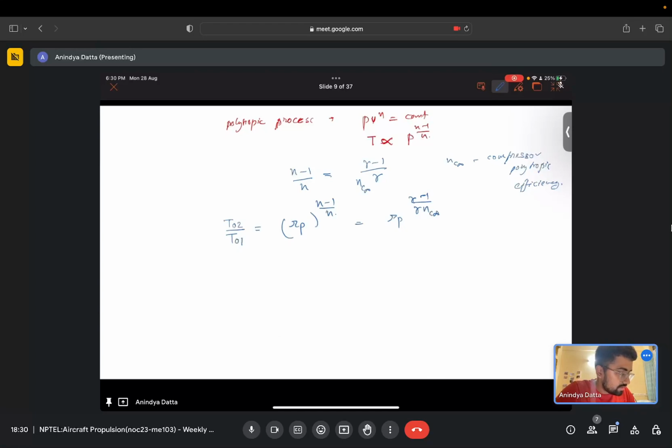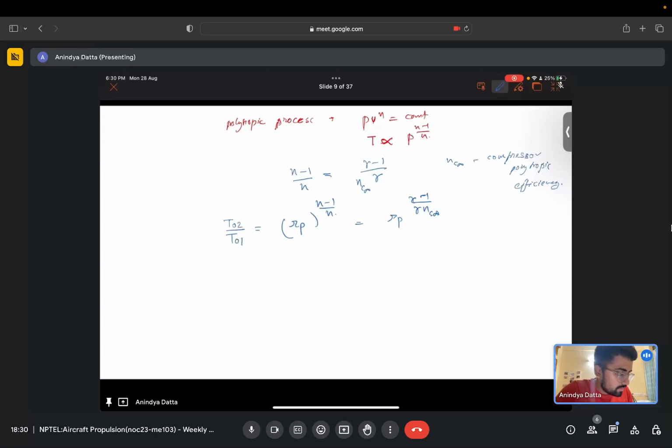Okay, and this polytropic efficiency is defined by considering infinitesimally small changes in temperature associated with the process, so that we can approximate that irreversible process as a reversible polytropic process.